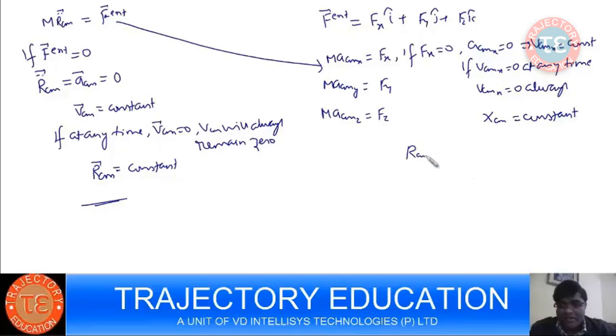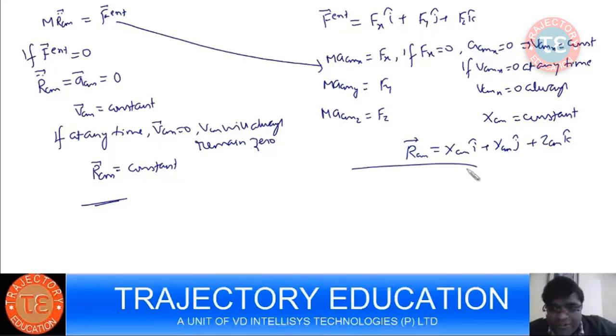What is X_CM? X_CM is the x component of the position of the center of mass, that is X_CM i, Y_CM j and Z_CM k. Similarly, if Fy is 0, A_CMy is 0, and V_CMy will be constant. If at any time V_CMy is 0, then at every time V_CMy will be 0 and Y_CM will be constant. Similarly for Z_CM also. So these are very important. Don't get confused that if Fx is 0, R_CM will be constant. No, it's V_CM which is constant.